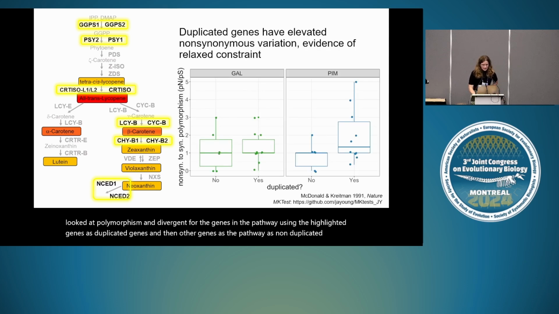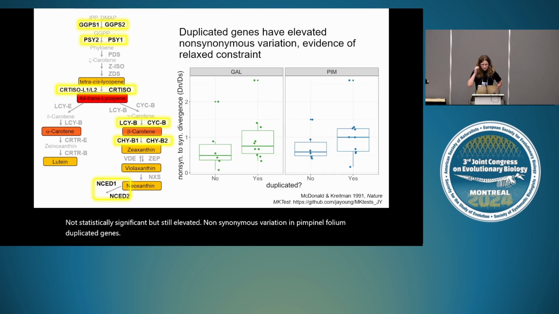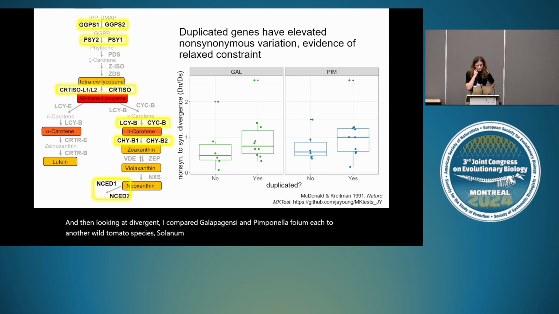And what we find is that for non-synonymous to synonymous polymorphism, there is not statistically significant, but still elevated non-synonymous variation in pimpinellifolium duplicated genes. And then looking at divergence, I compared Galapagos and pimpinellifolium each to another wild tomato species, Solanum pinellii, and again found relatively elevated ratios of divergence in duplicated genes.